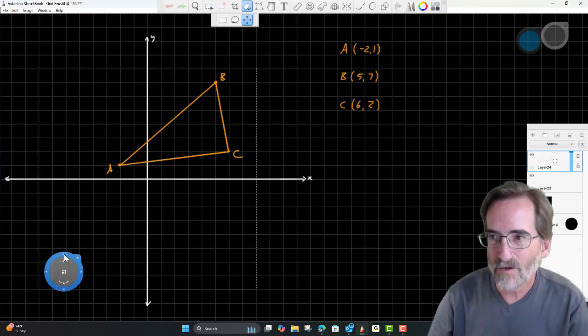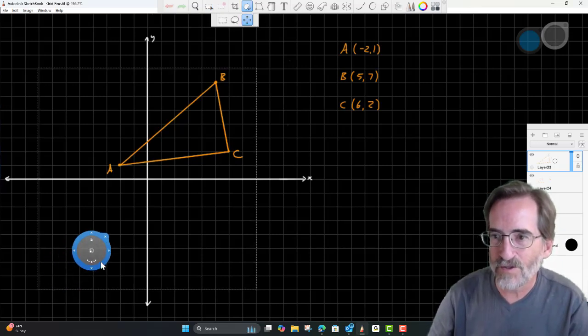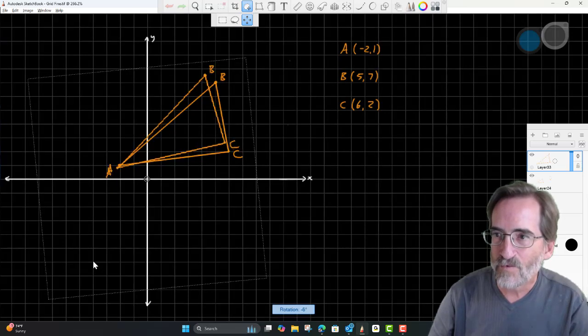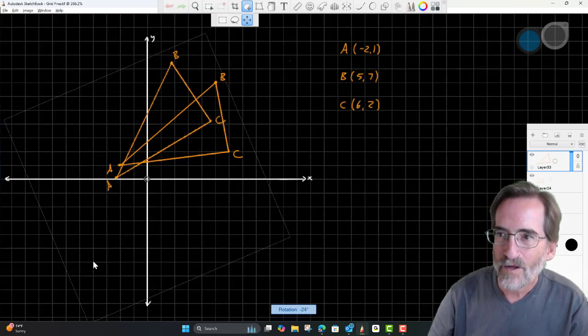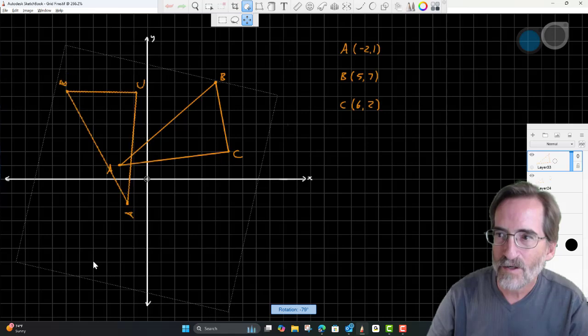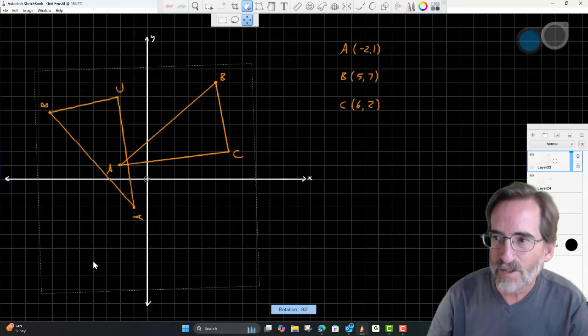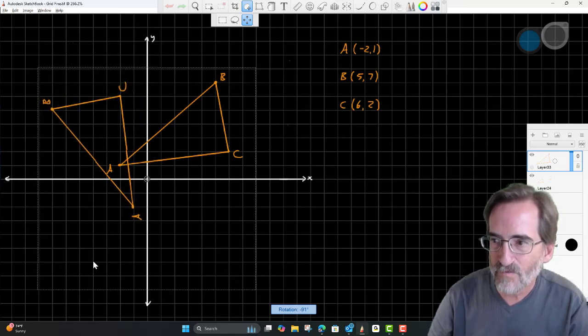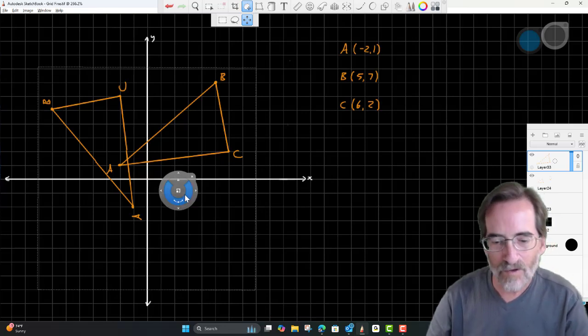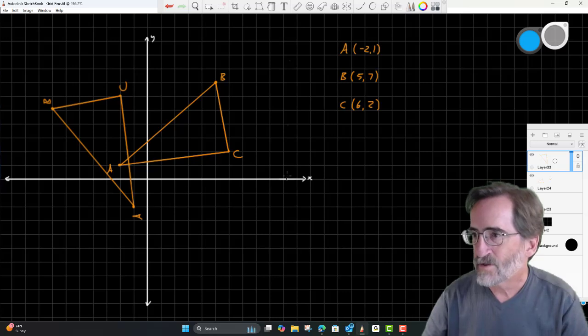Copy and paste. Now you'll notice nothing has changed, but I'm going to rotate 90 degrees. Be very precise about it here. Paste it right there.